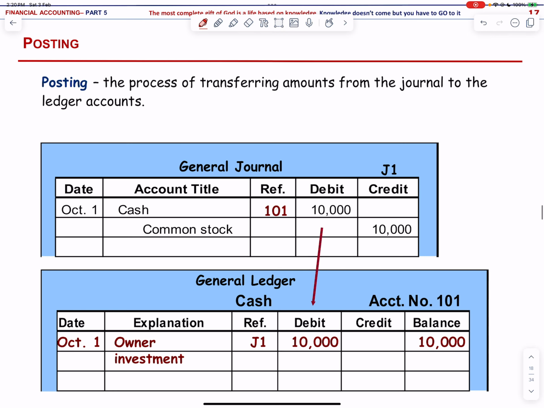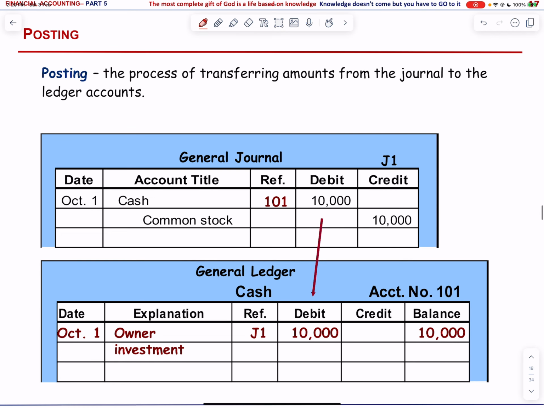Now posting, as we have already talked about, is the process of transferring the amount from the journal to the ledger. In the journal, cash has a reference number 101, and this is from the page number of the book of the journal, J1.